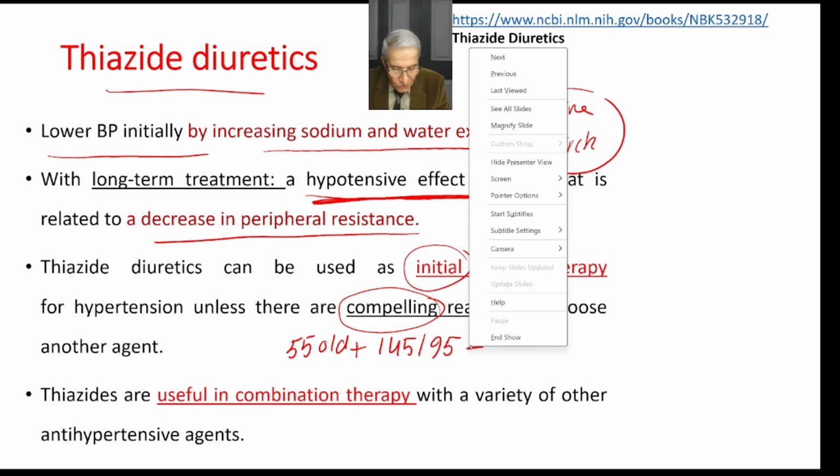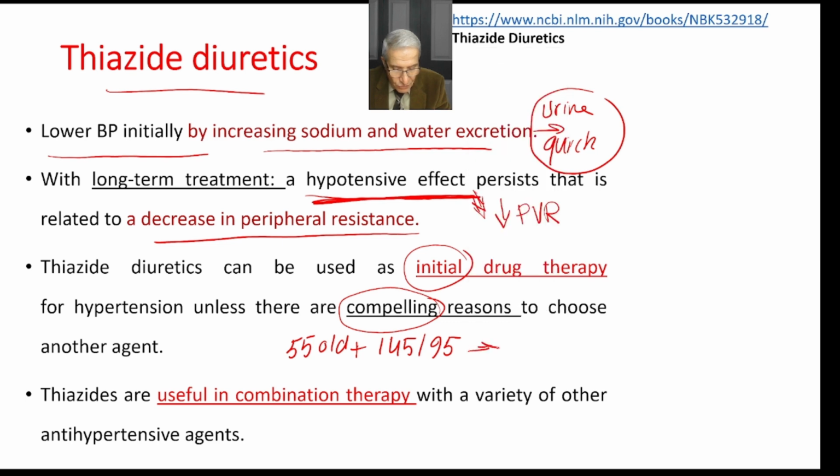And after following all the lifestyle modification, the blood pressure remains high, we can start the treatment with the thiazide. So we have a 55-year-old, blood pressure high, everything normal, so thiazide could be the drug of choice.